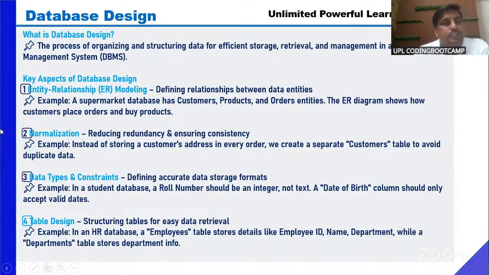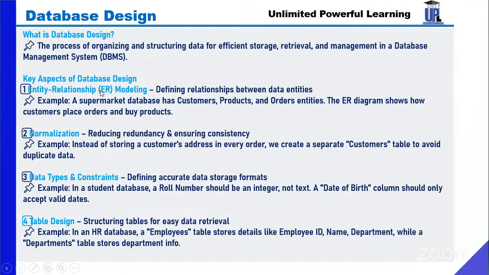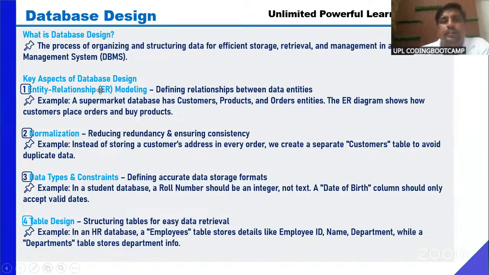The key aspects of database design: one is the ER diagram. What is an ER diagram? It is how we visualize the requirement to store the data. That is called entity relationship modeling, ER modeling. Once you have a requirement and come up with the ER model, assume you have created scripts also.